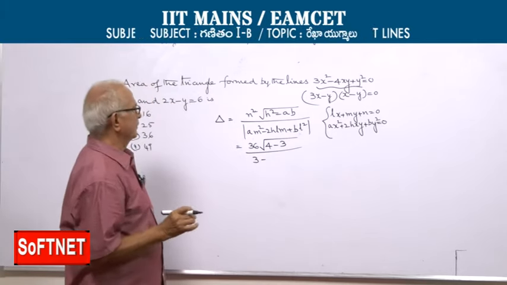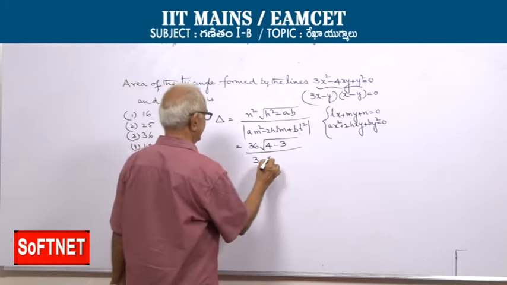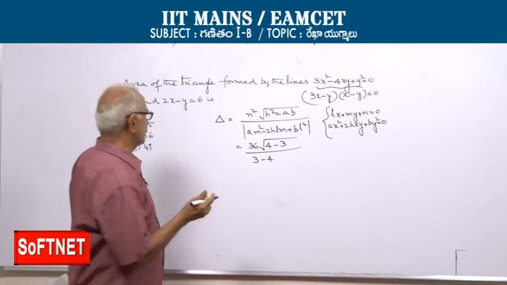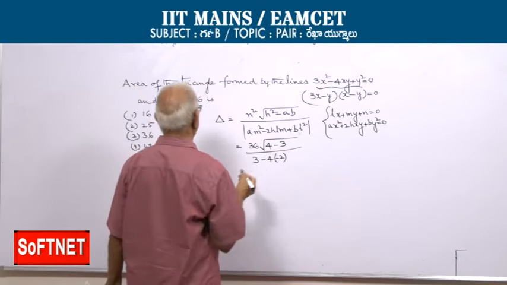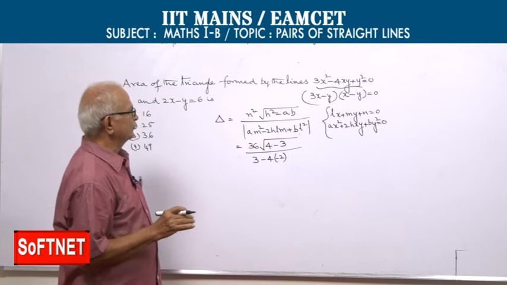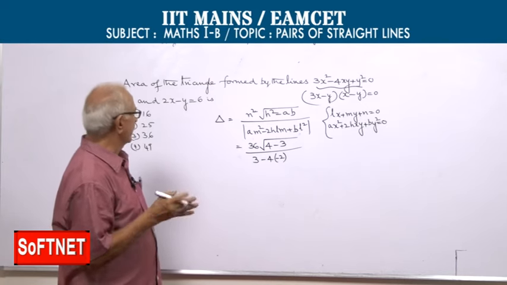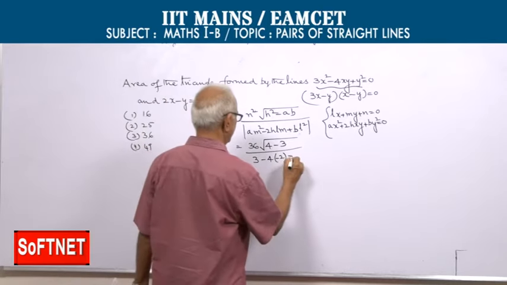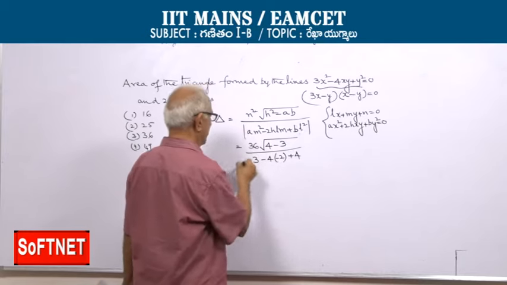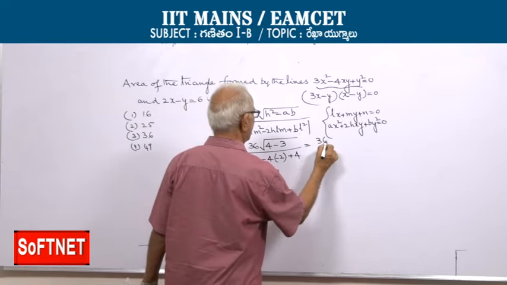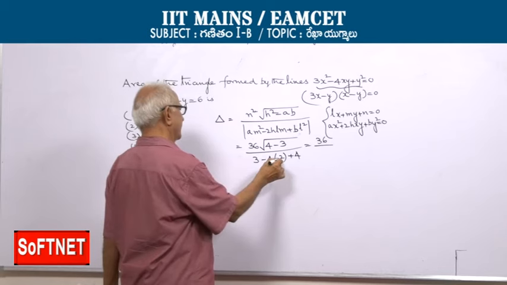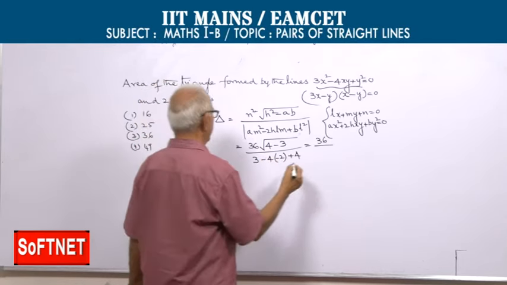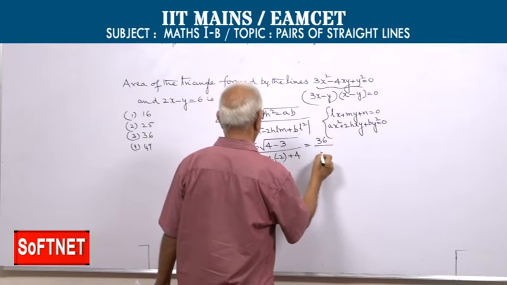Minus 2h, that is plus 4, into lm, that is minus 2, plus bl square. So b is 1 and L is 2, L square is 4. There is no need to put mod because this is already positive. 36 by 3 plus 8, 11 plus 4, 15, I think somewhere wrong.